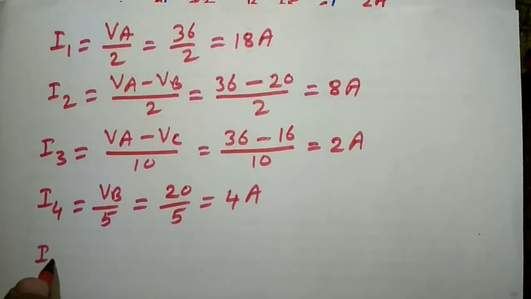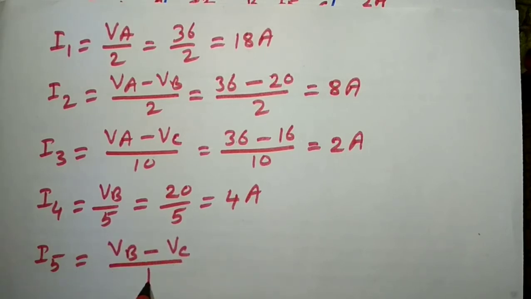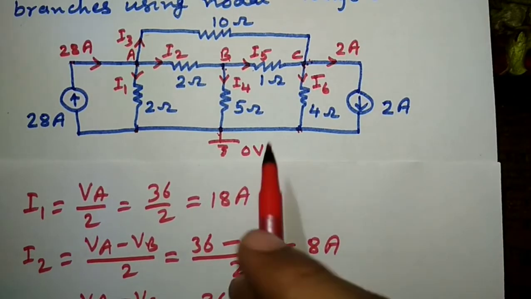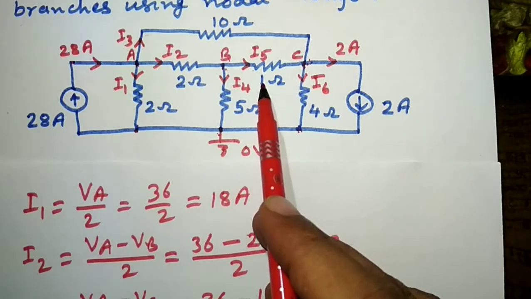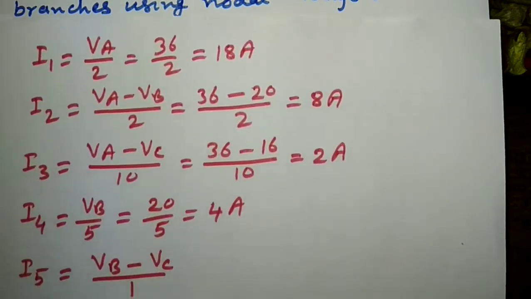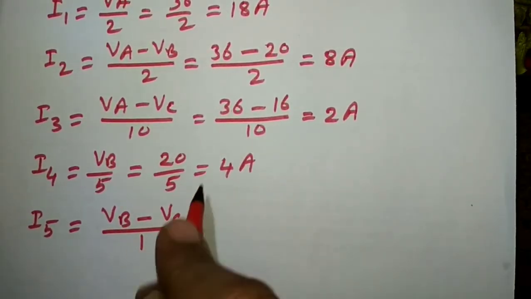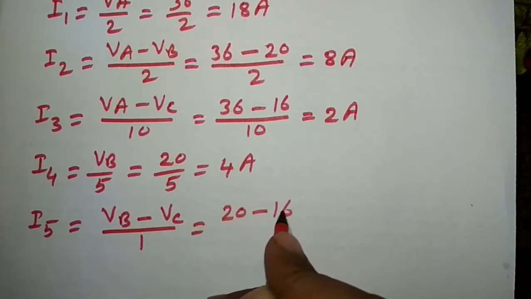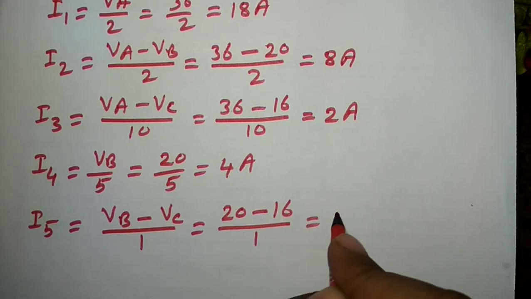Then I5 is VB minus VC upon 1. You can see that I5 is VB minus VC upon 1. The value of VB is 20, VC is 16 upon 1, so it is 4 ampere.